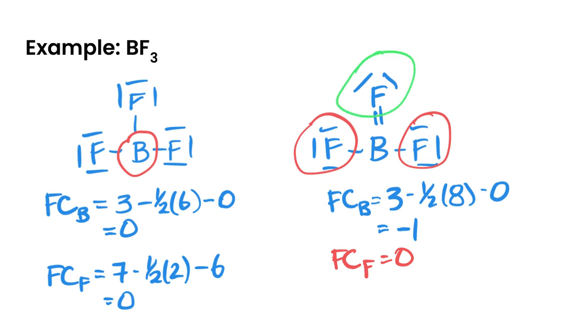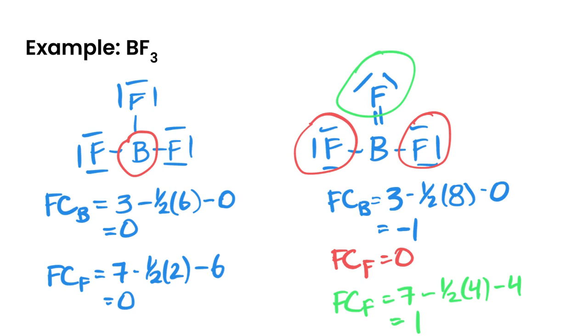But for this one here, the formal charge of that fluorine is 7 minus 1/2 times 4 electrons in this case, minus 4 for our non-bonding electrons. So 7 minus 2 minus 4 gives us a formal charge of 1.